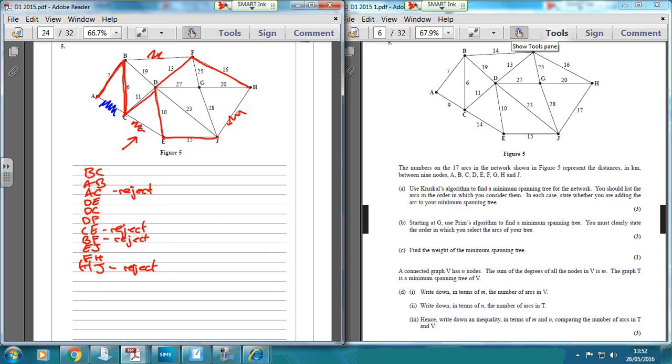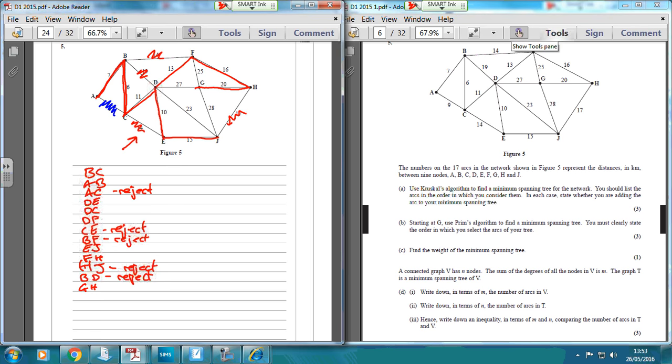After 17, there's no 18, so we've got 19, but that's going to make us a loop. So BD, we reject it. So what we just rejected, 19. So 20 is the next one, which is GH, and that's it.